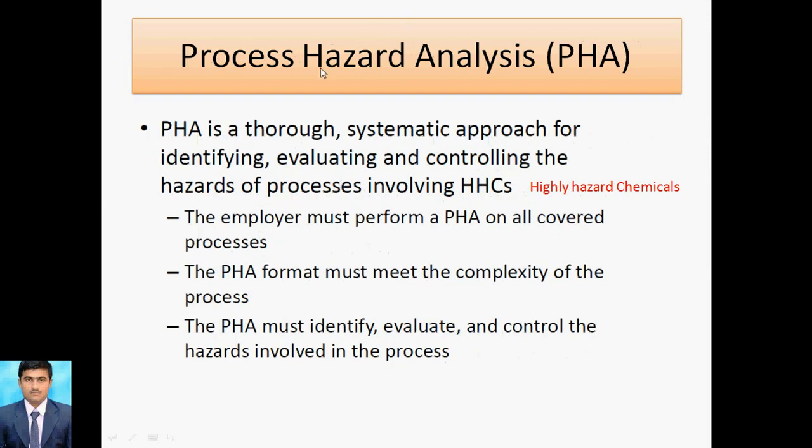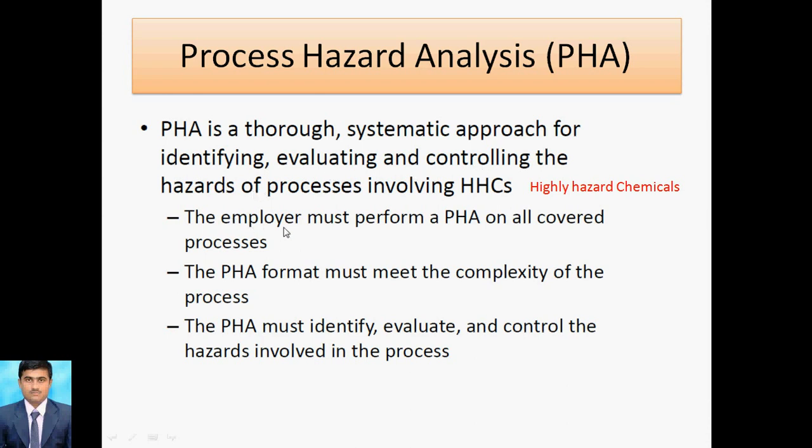As a reference, there is the PHA, that is process hazard analysis. It can be approached for identifying, evaluating and controlling the hazards of processes involving HHC. HHC means highly hazardous chemicals. So we have to take the study, or we can say identify the hazardous conditions.